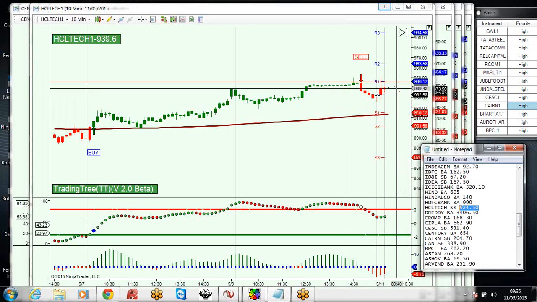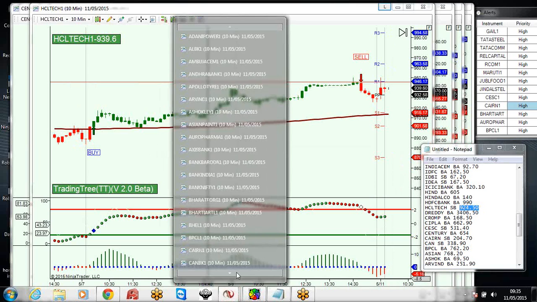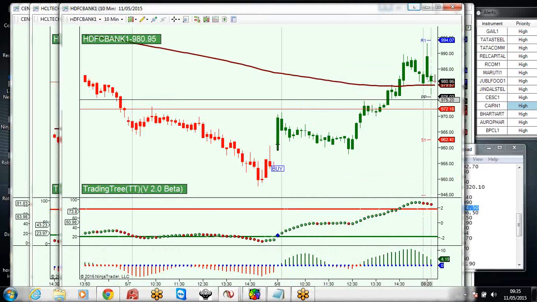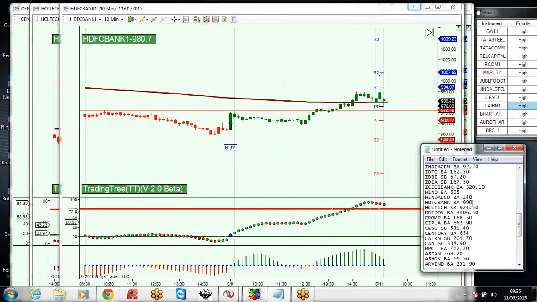I think we should be getting a buy call here. HDFC is a buy above 990.